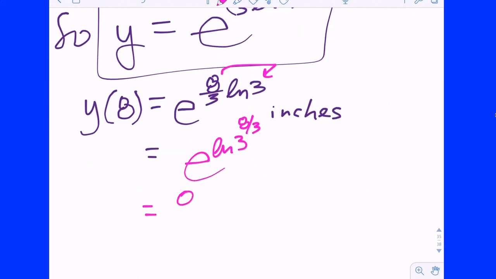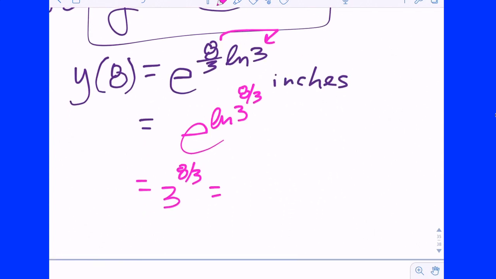The blob. So it's 3 to the 8/3 inches. Sorry, got to really work on the levels there. Which could be the cube root of 3 to the 8th power. So it makes it a little bit easier to calculate, and maybe also a way to disguise the answer on a non-calculator portion of an exam.